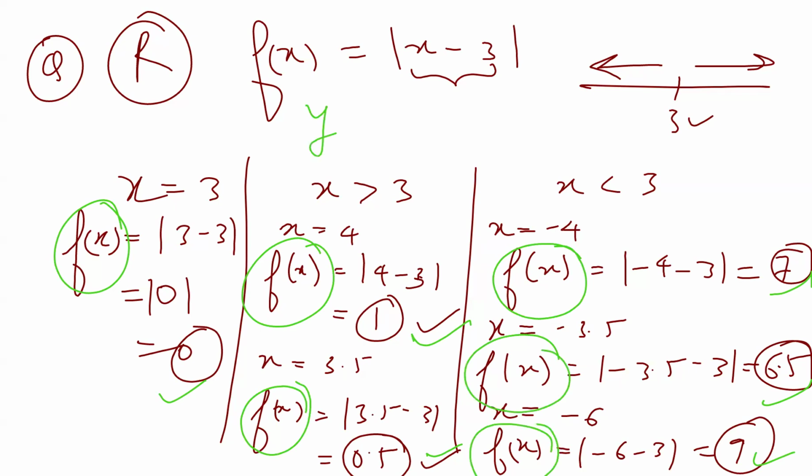So y belongs to 0, union all positive real values. This can also be written as y belongs to 0 to positive infinity, with infinity as round bracket, and y is 0 as well. So 0 comma infinity. That's the range.